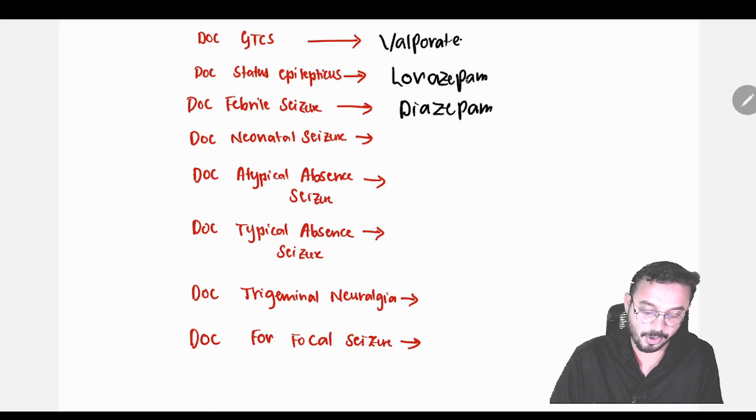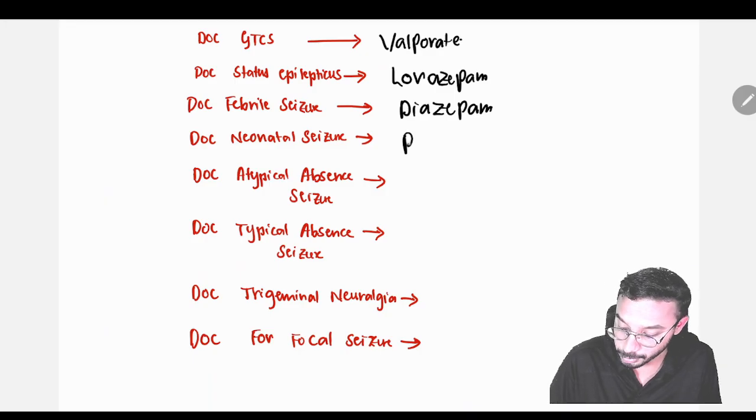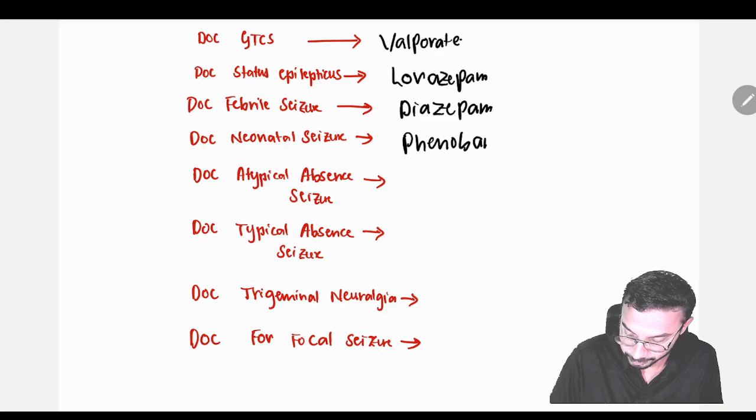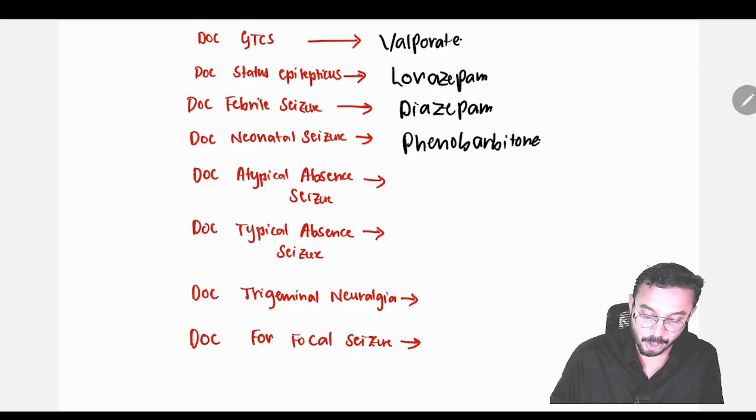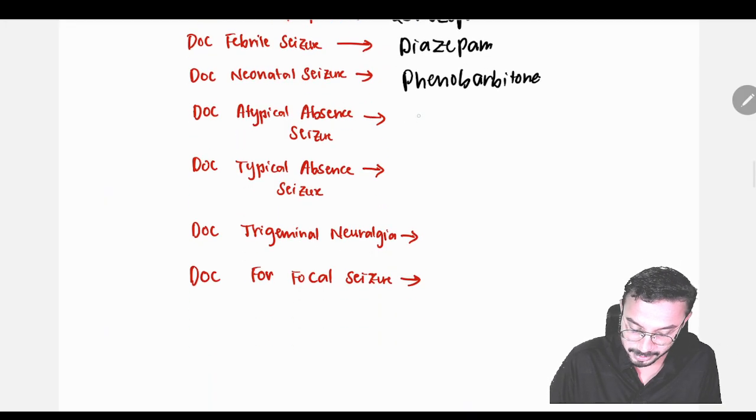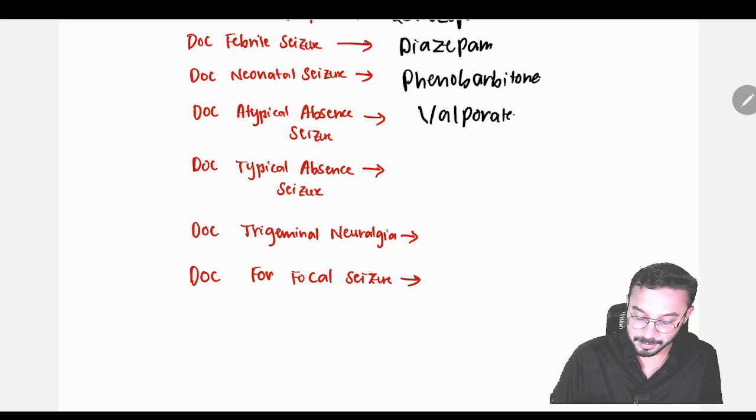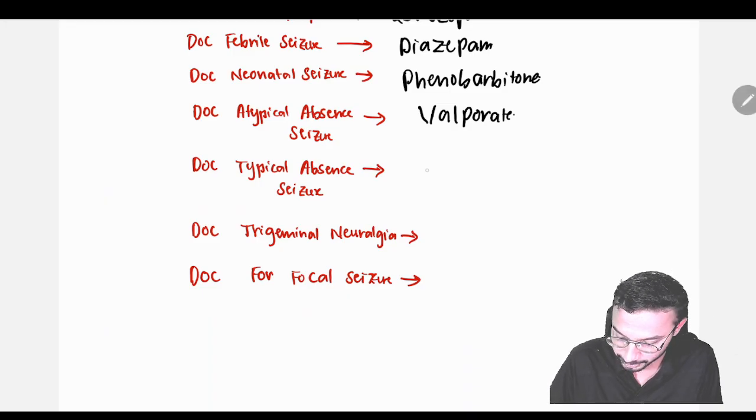Drug of choice for neonatal seizures in newborns, I taught you in pediatrics, phenobarbitone. Drug of choice for atypical absence seizures, valproate. And typical absence seizures, if you don't remember, this is very important: absence seizures, drug of choice, ethosuximide.